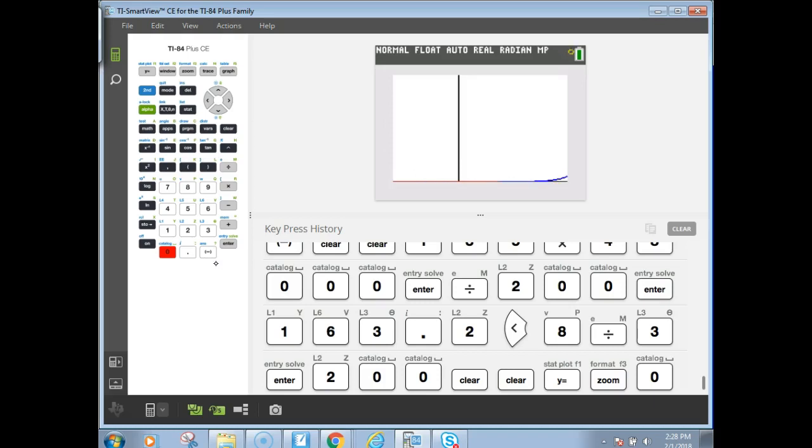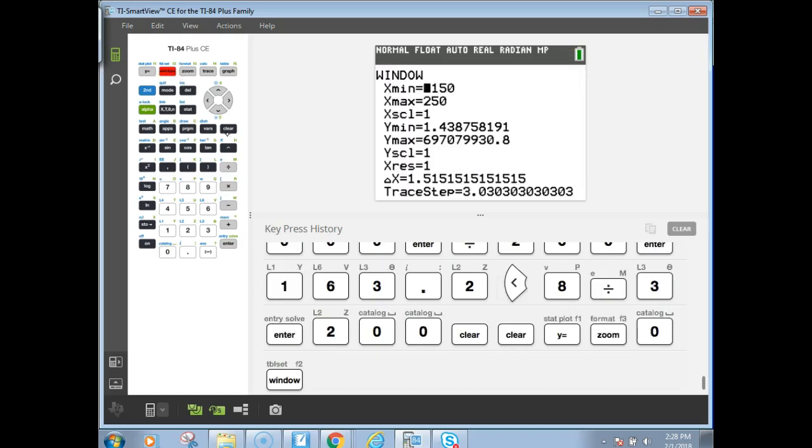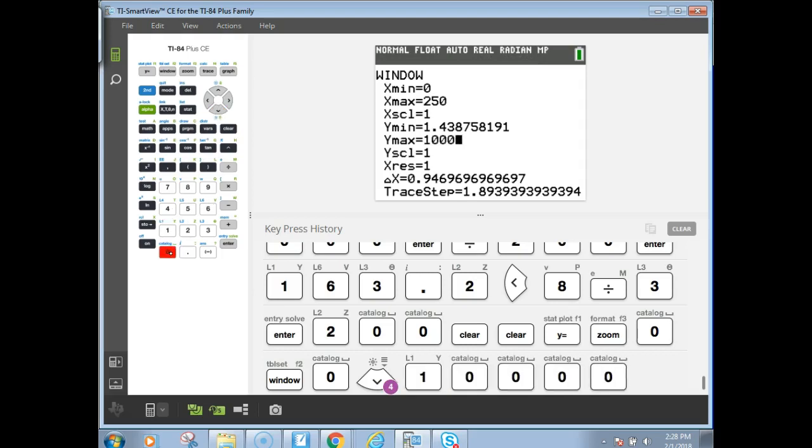And mine is looking kind of cruddy. So I might want to adjust my window because it looks like the intersection happened way down below. And I don't think I need this 0, do you? I'm just going to adjust this a bit. Oh, that's one ginormous maximum, isn't it? I think I'm going to make that a little smaller.